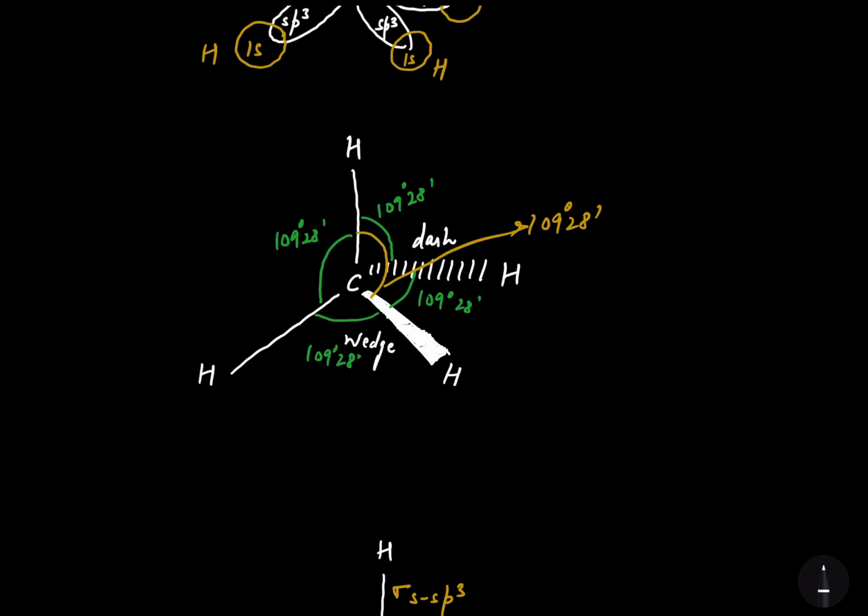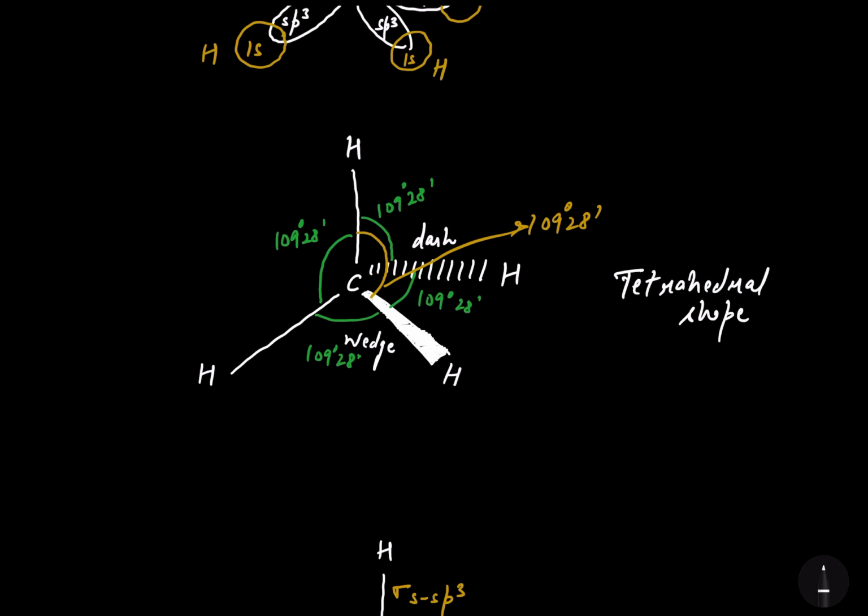So it's in 3 dimensions. They have equal angles, fixed orientations in space, and they also have a fixed name. This shape is called tetrahedral shape.